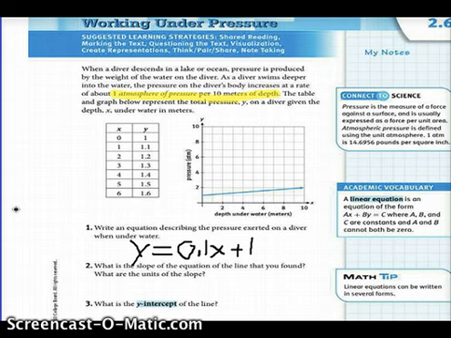How deep is the diver at the y-intercept? Is 1... yes, x is the depth, and the depth is, what right here? 0. So he's out of the water, or he's just not going down, right? And how many atmospheres of pressure is it?